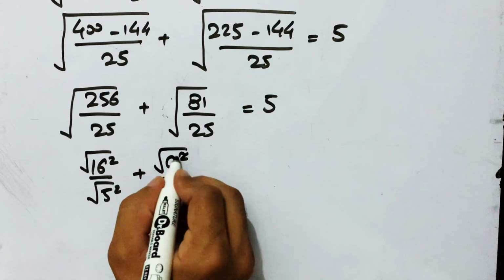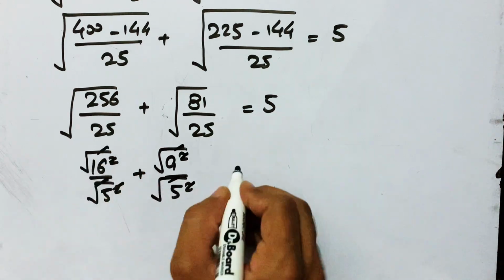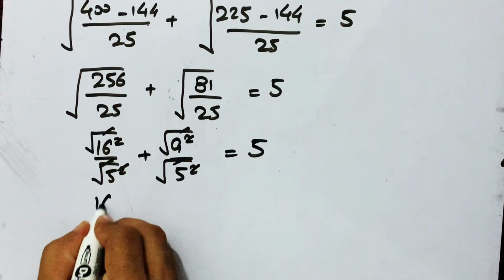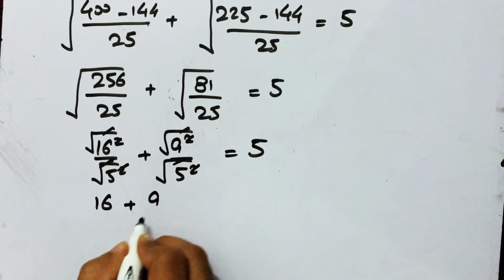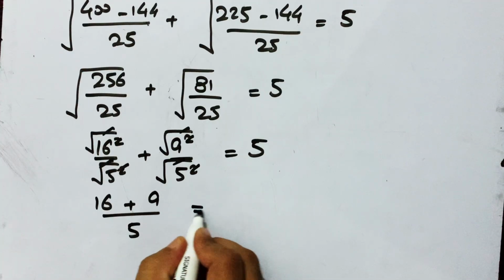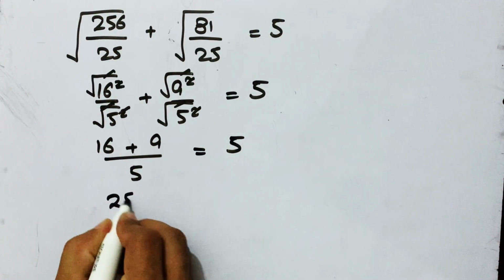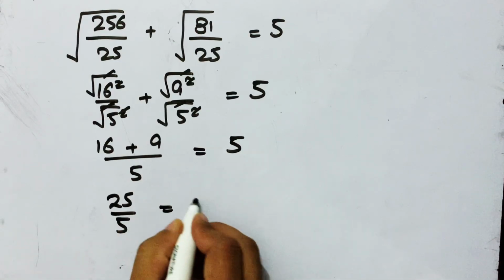The square and square root cancel, which is equal to 5. So our result is 16 plus 9 divided by 5, that is equal to 5. So 16 plus 9 is 25, divided by 5, which is equal to 5.